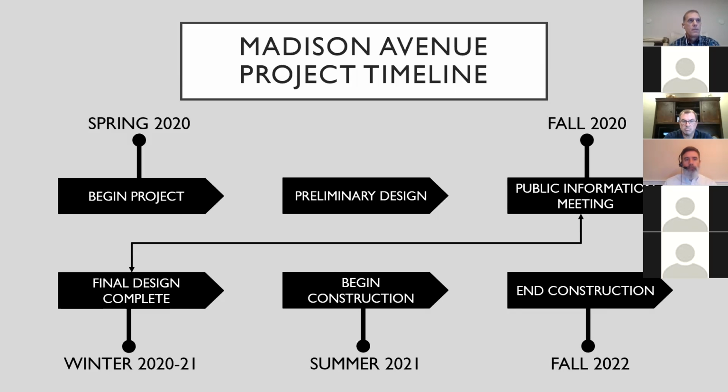That way we can let the project for construction and hopefully begin construction summer of 2021 with a target end of construction date of fall of 2022. I will let you know that these 3 bottom line items are all anticipated dates, and that's what the project team is working towards at this point.